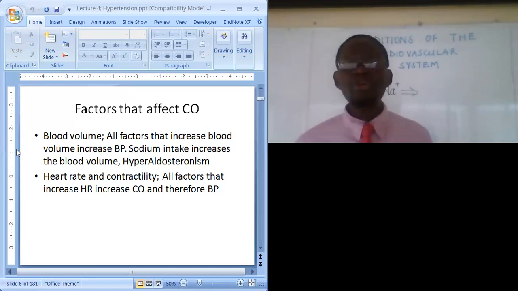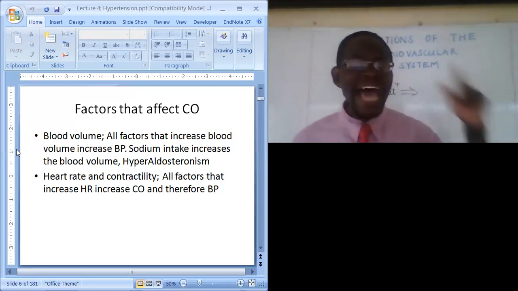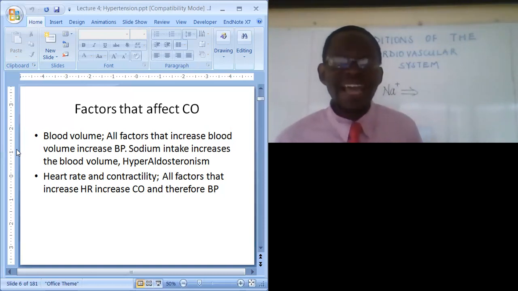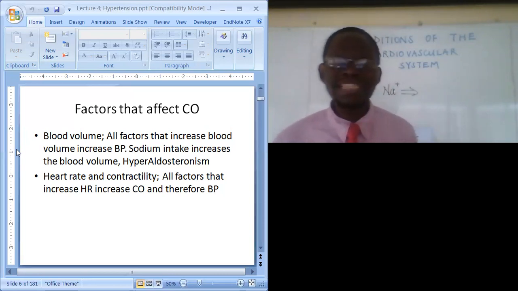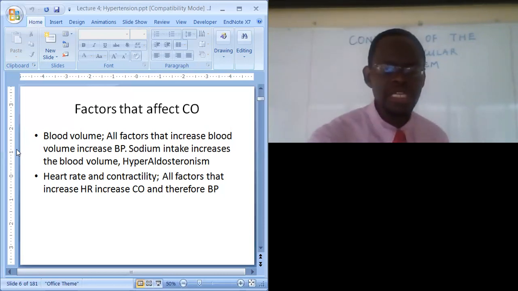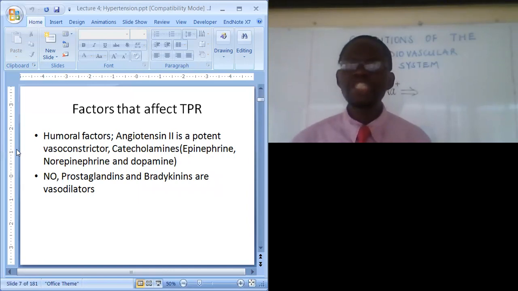Things like heart rate and contractility. Remember, we said that the cardiac output is influenced by heart rate, so if the heart rate influences cardiac output, it will also influence the blood pressure. And also things like contractility of the blood vessels, all these influence blood pressure. Now for the total peripheral resistance, things like humoral factors, for example angiotensin 2, which is a potent vasoconstrictor.